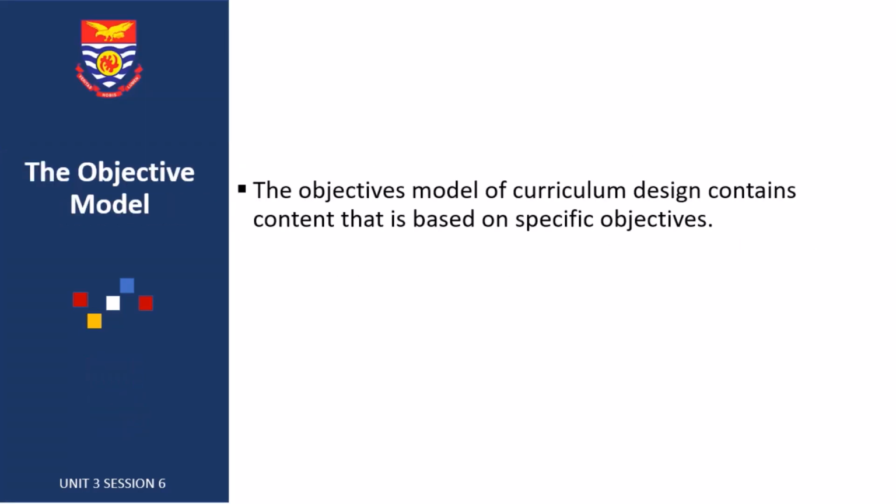Now, the objectives model. This model of curriculum design contains content that is based on specific objectives. Specific objectives, we know, are what will help us to achieve the general aims of the curriculum. And so the model is based on content, and the content that is selected is also based on the specific objectives.